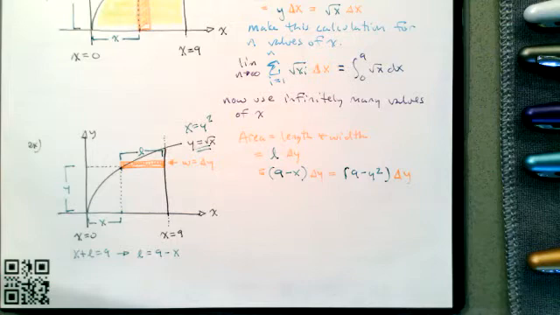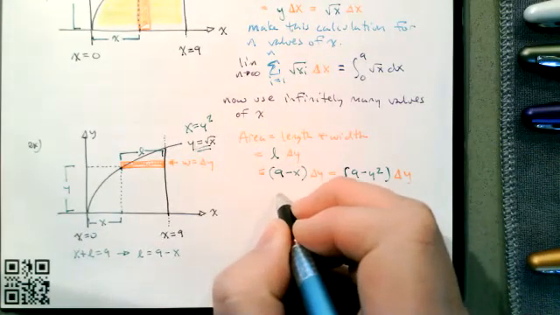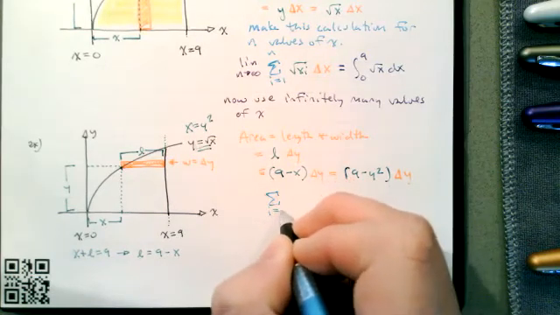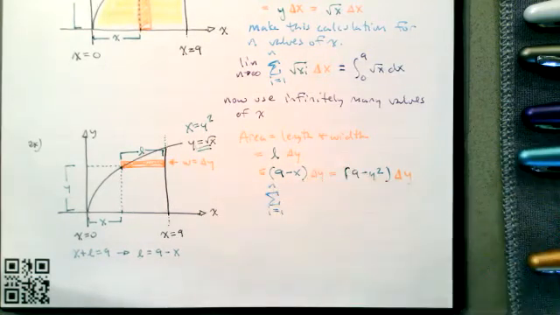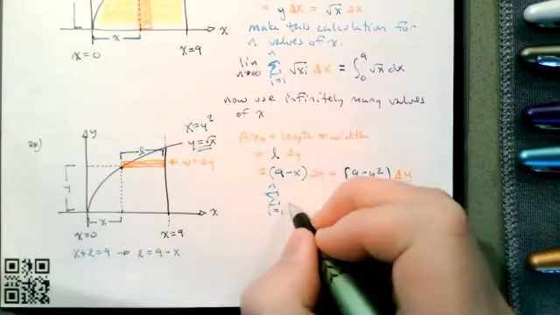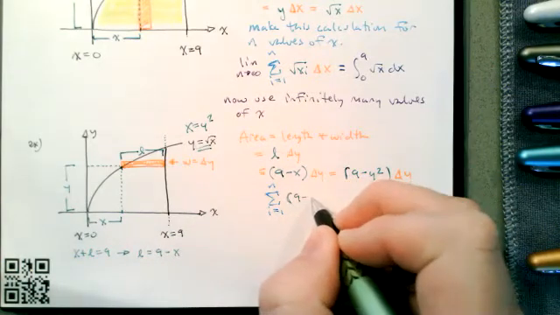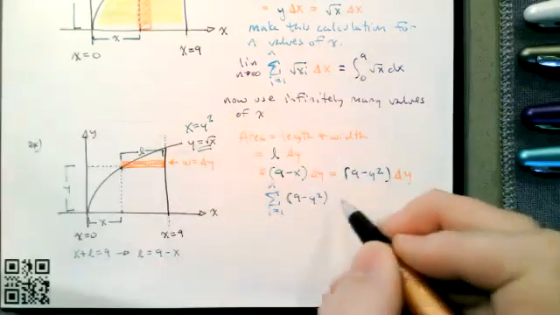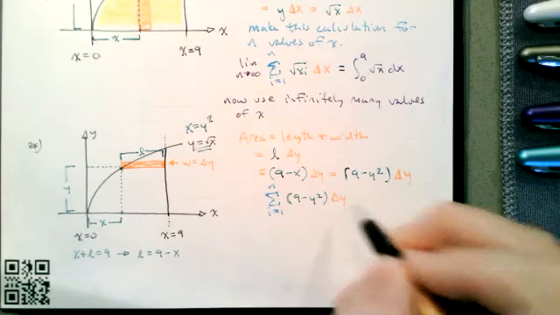Then, just like before, we make this calculation for n different values of y, and then add those up. So we take the sum as i goes from 1 to n of this area, 9 minus y squared, times the width delta y.